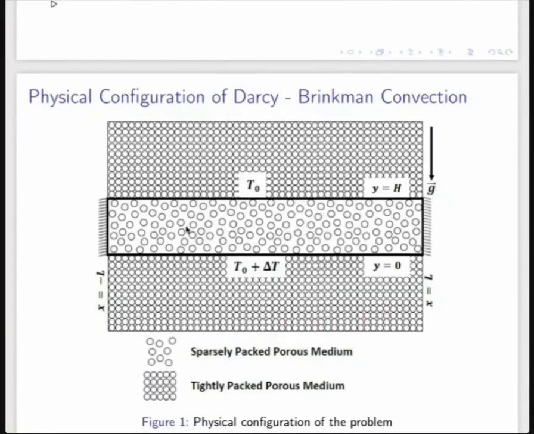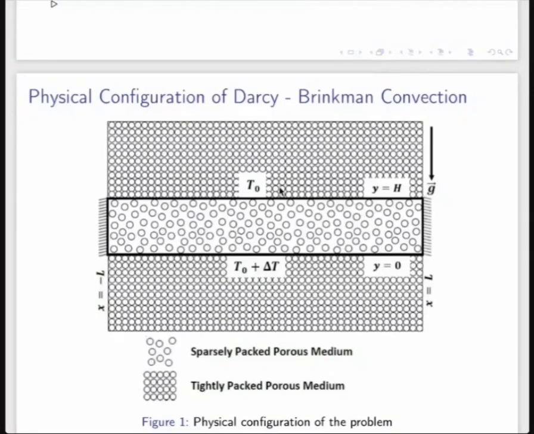And the enclosure is filled with a sparsely packed porous medium, and the environments above the upper plate and below the lower plate are filled with tightly packed porous medium. So what does this do to this convection problem?